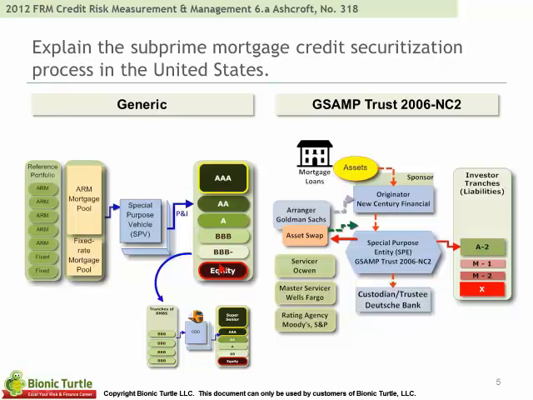notes on different tranches. And then notice also in the generic here, we could take the triple B tranche, I really meant to write the triple B tranche, take those and pool those tranches themselves such that they become collateral in a CDO. So the difference here would be the nature of the collateral.